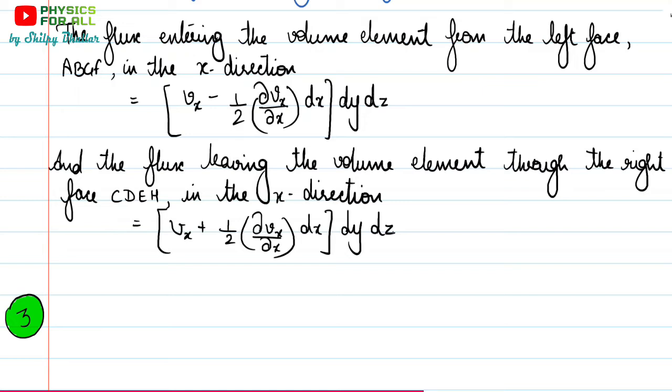Now the excess of flux leaving the volume element over that entering, we want to know the difference. Always, when we talk of a vector passing through a particular surface or volume, most of the time we are concerned with the change, with the difference. Is the amount entering equal to the amount leaving?